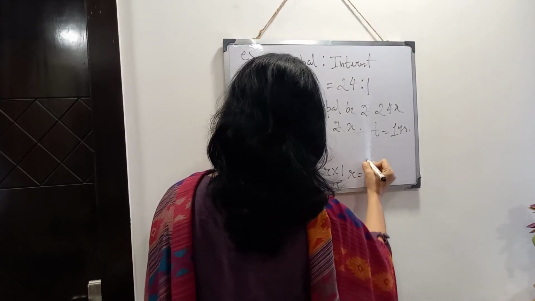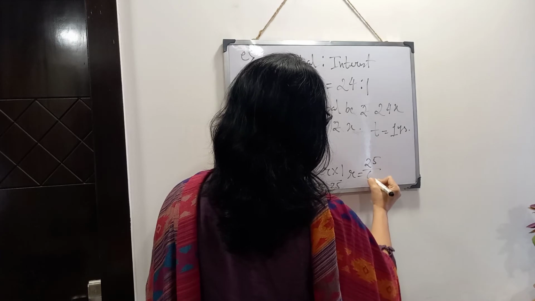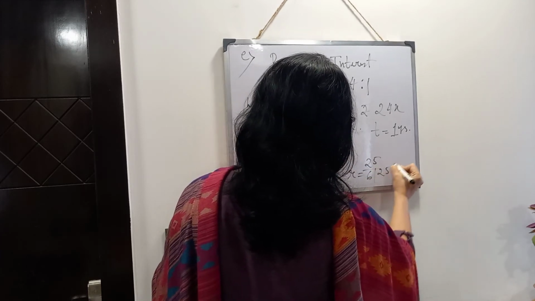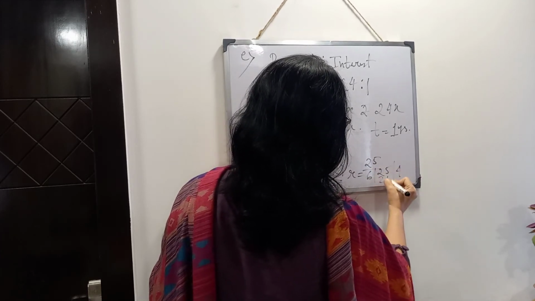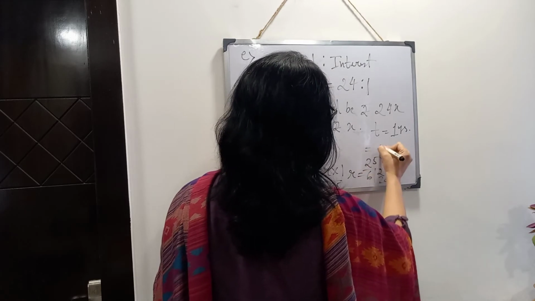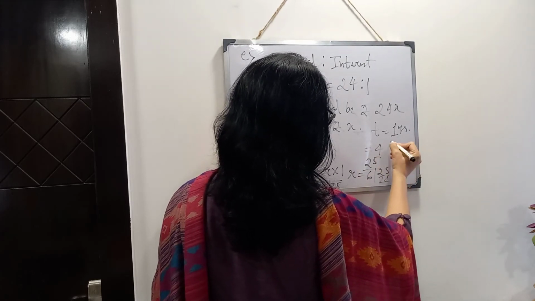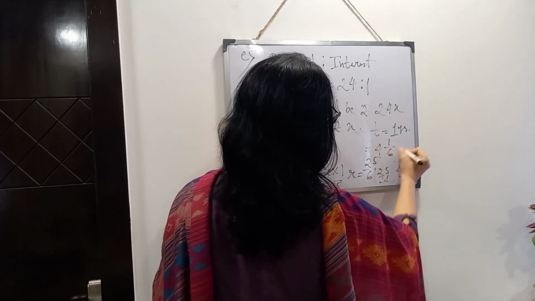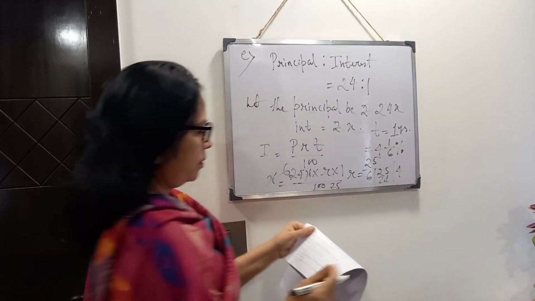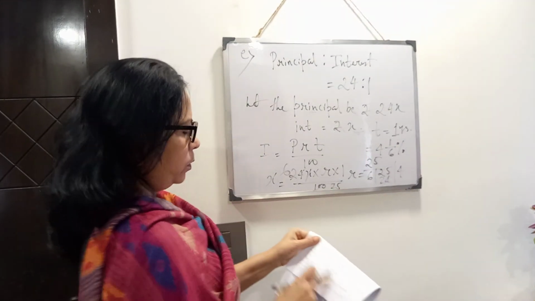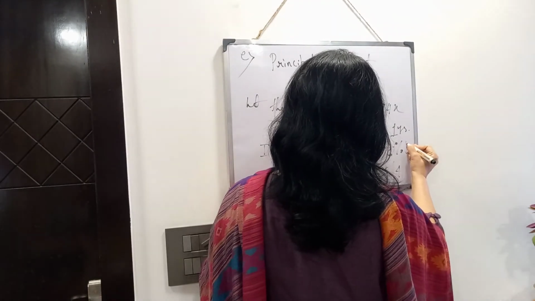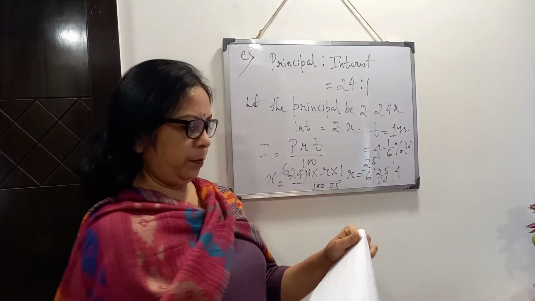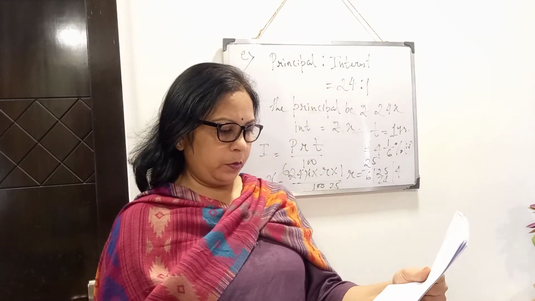So R is coming 25 by 6. So it is coming 4 whole 1 by 6%. Rate is coming 4 whole 1 by 6%. Option 4. Clear?